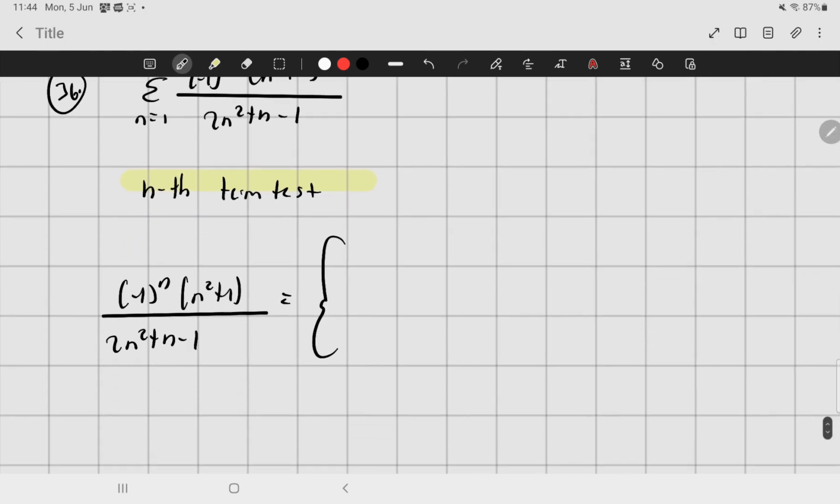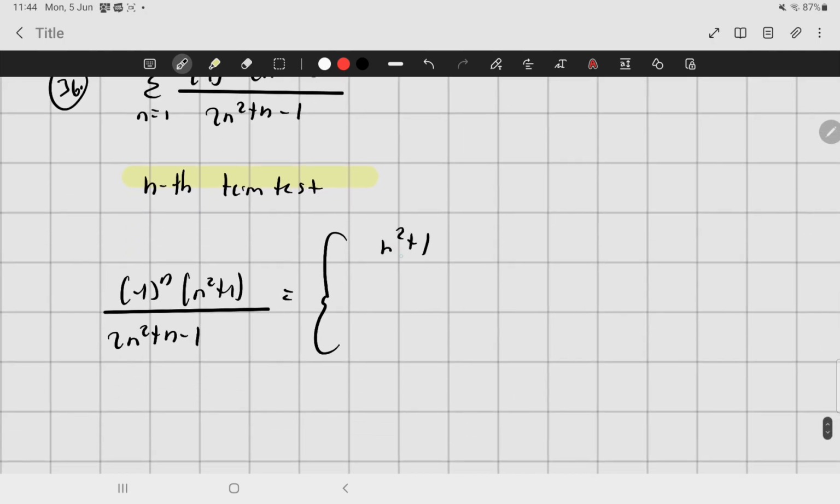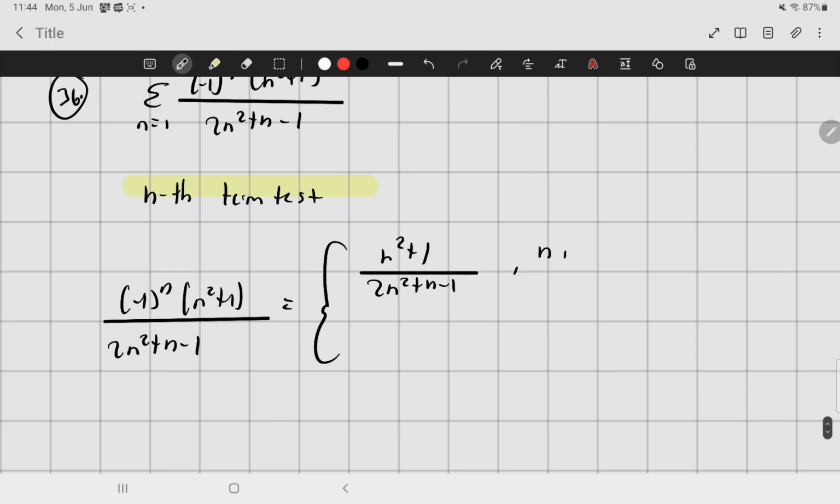The first one will be n squared plus 1 over 2n squared plus n minus 1. This is for when n is even. Then another one, n squared plus 1 over 2n squared plus n minus 1, with the negative sign. This is when n is odd.